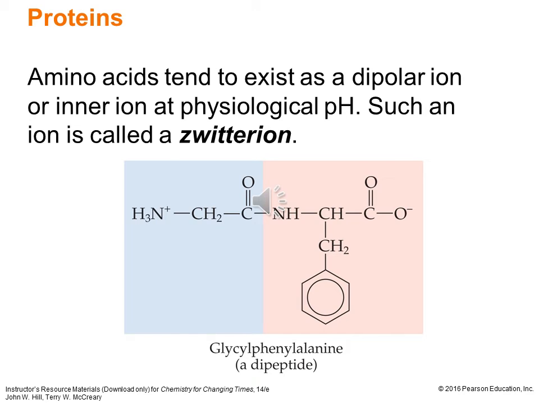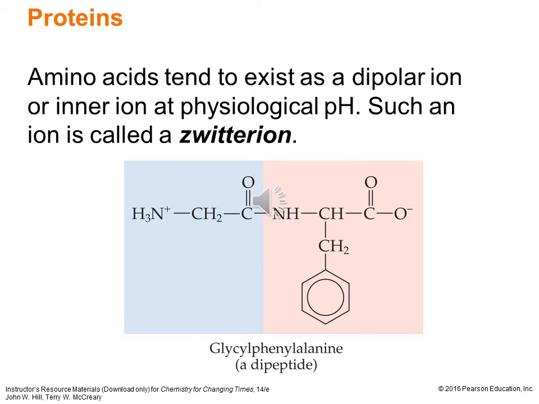So in addition to being able to link together to form these polypeptides, these multiple peptide linkages, or really amide linkages, amino acids can also exist as dipolar ions or inner ions, depending on the physiological pH. We call this a zwitterion. Depending on how good your German is, you may have more of a W or a V sound there.